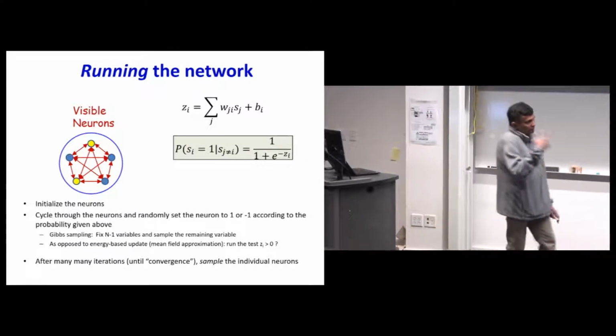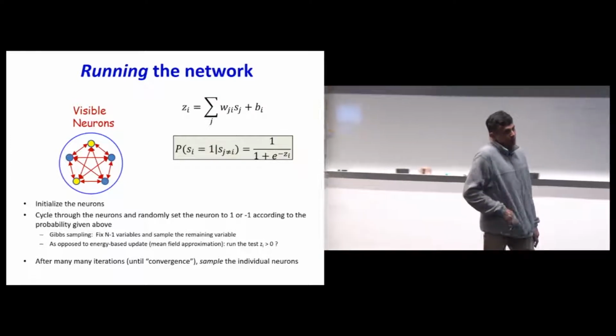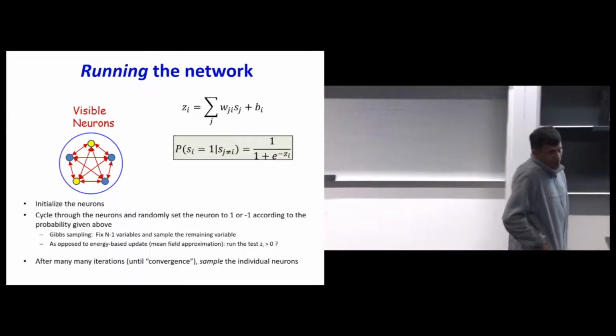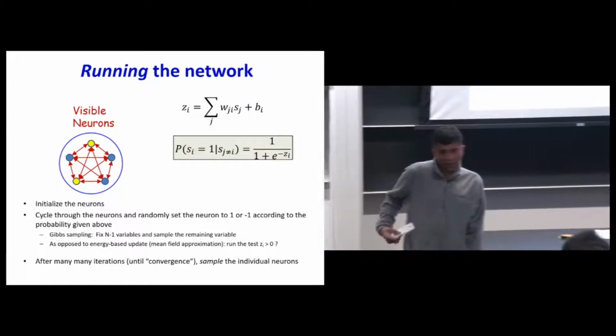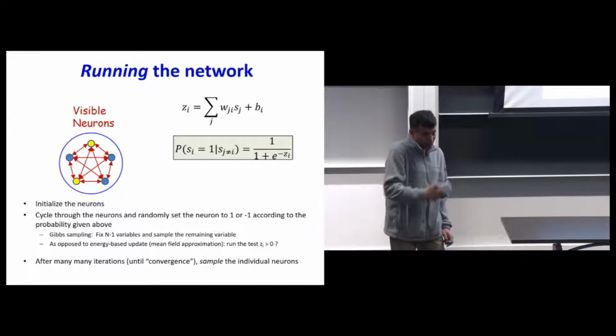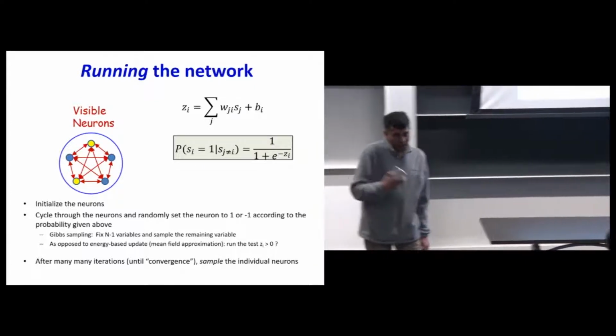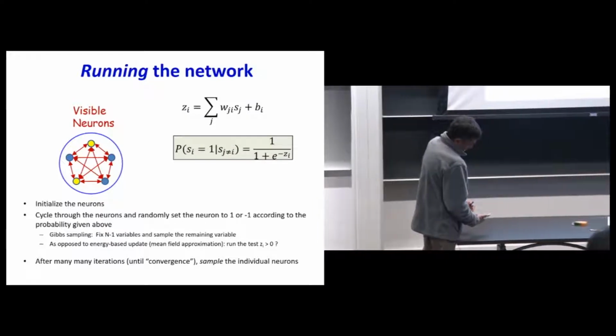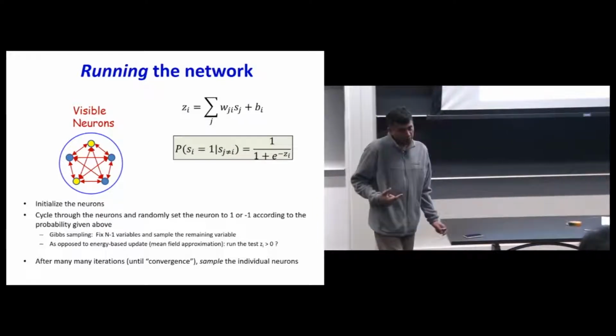You can keep cycling. So when I speak of sampling the Hopfield network to obtain a specific pattern, what it means is that I'm going to start the network at some pattern, and then I'm going to cycle through all of the neurons, and each neuron is going to be set according to this logistic probability.